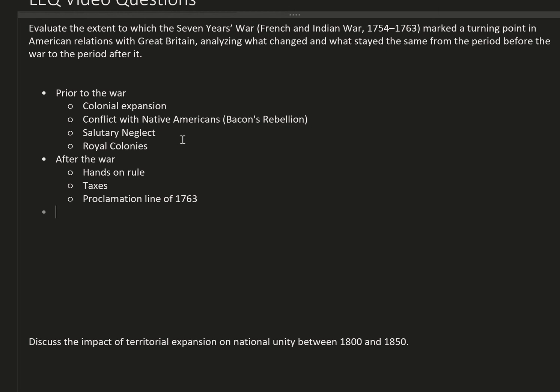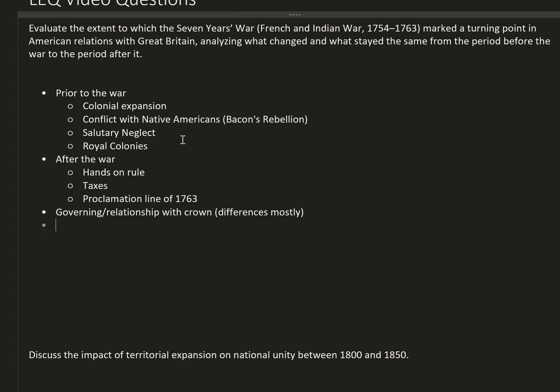So I'd start out with a paragraph on governing, the relationship with the crown, where you talk about mostly differences, but then there are still some royal governments or royal governors and such. So that's having that nuance of, yes, this is a difference, but it's not a complete difference. There's a little bit of similarity.